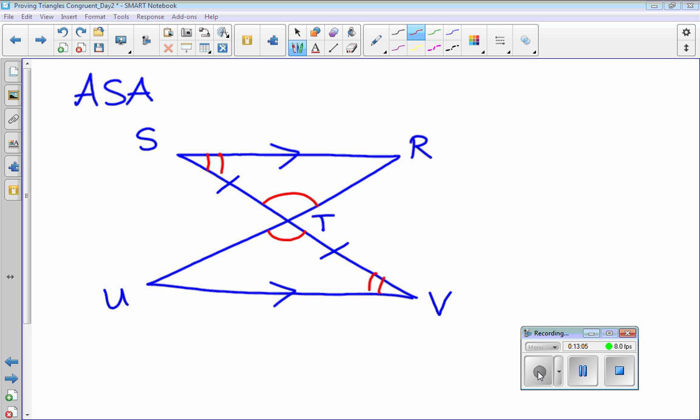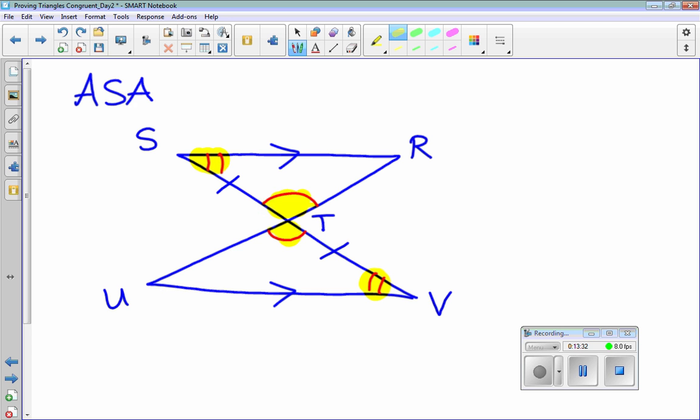So I'm adding this angle here and this angle here. I added that information, and now I'm adding this information. Notice I use a different number of lines for the different angles. So I'm clear, these are the vertical angles that are congruent, and angle S and angle V are congruent.